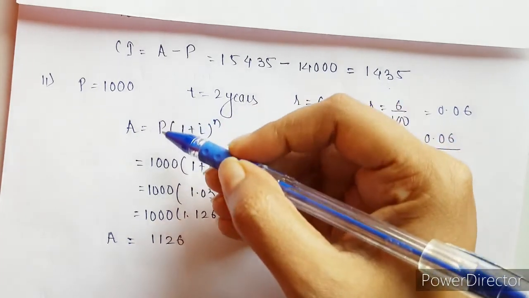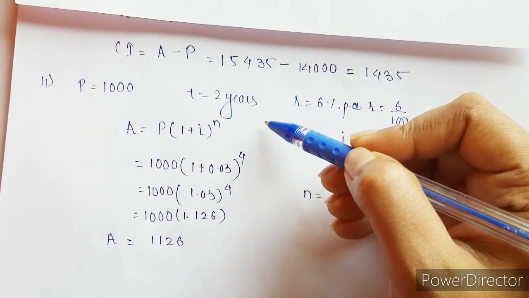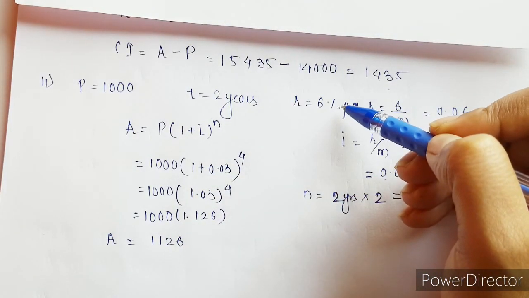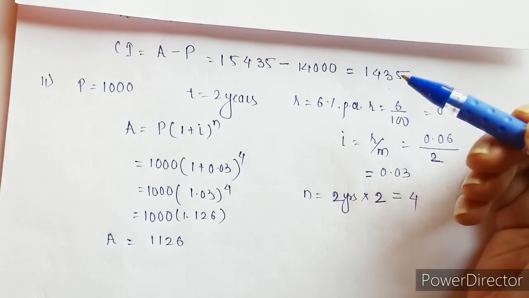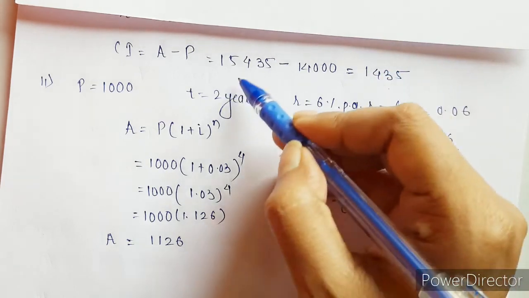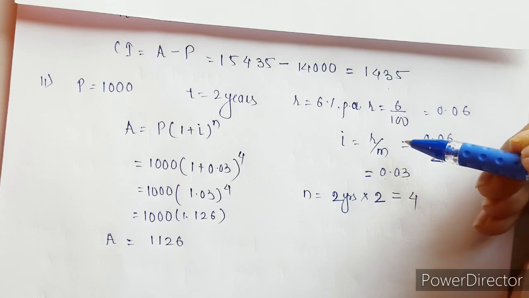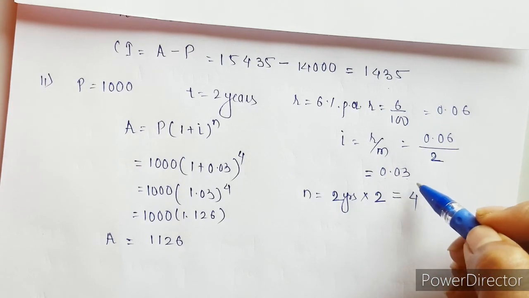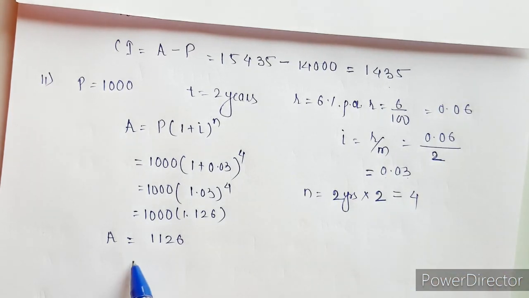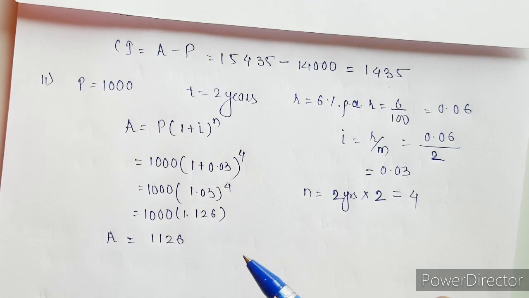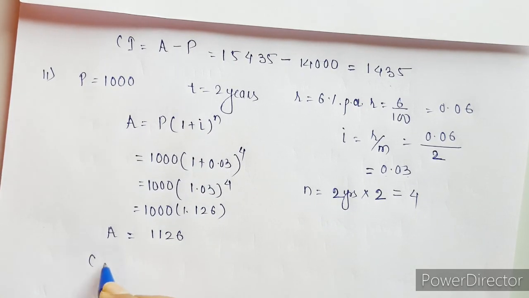Suppose we are investing 1,000 rupees for 2 years at the rate of interest 6% compounded semi-annually. In these 2 years it is compounded 4 times, and the rate of interest for every 6 months is 0.03. Then the amount we get after these 2 years is 1,126. How much interest are we getting here?